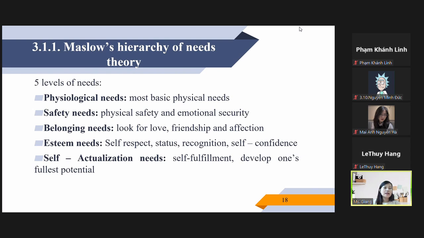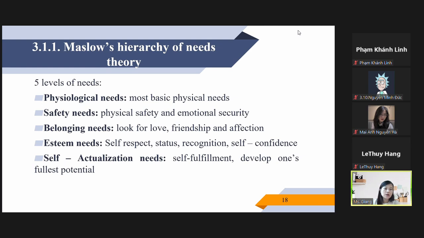And they are in order, they are placed in different levels. It means that if you cannot satisfy the lowest level of need, you will not think about satisfying other levels of need. They are in order from the lowest one to the highest one. So what is the lowest level of need?